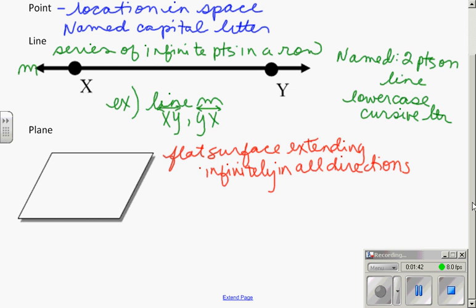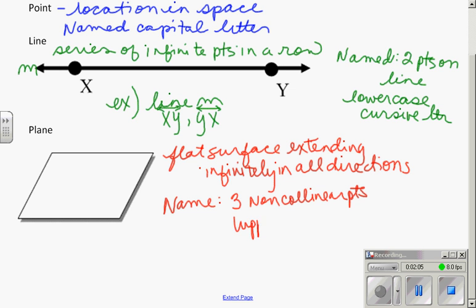Okay. So think of a flat sheet of paper extending in all directions. To name it, you choose 3 non-collinear points. Non-collinear means that they are not on the same line. We'll talk about more on the next page.